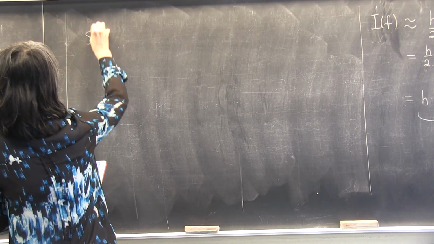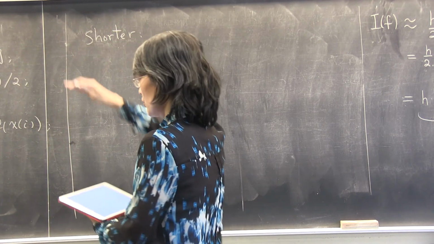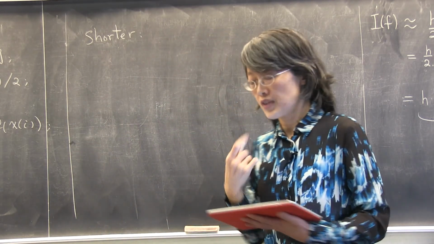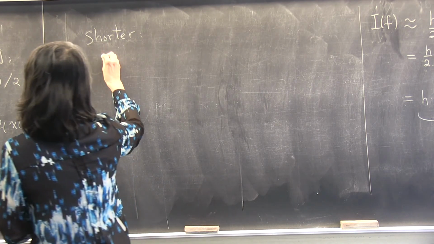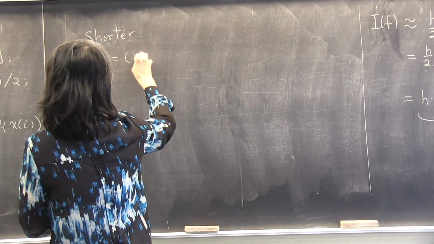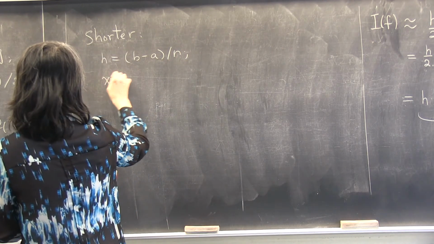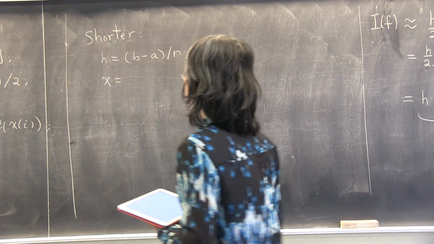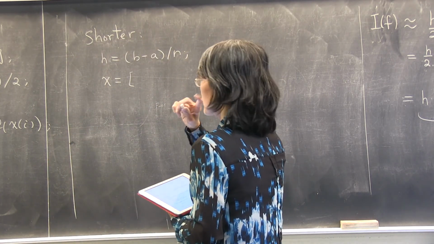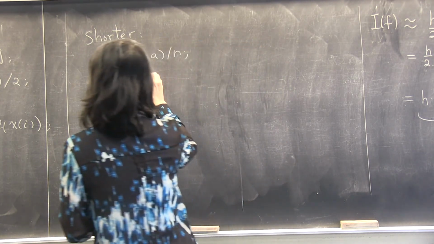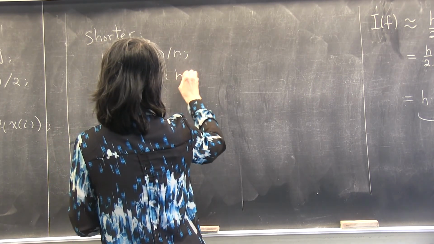So an even shorter one, shorter in terms of code and shorter in computational time, would be the following. You still have to do the first two steps. So h, you have to initialize as b minus a over n, and you have to set up your x vector. Now I'm going to set it in a tricky way because I know I'm going to call the sum here, so I will set it up as only the inner points.